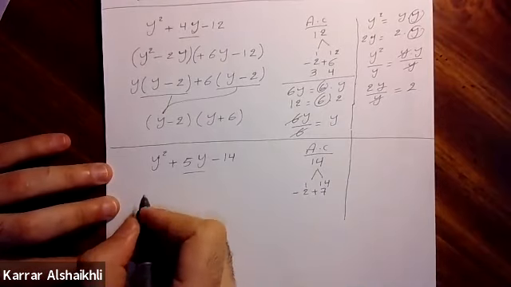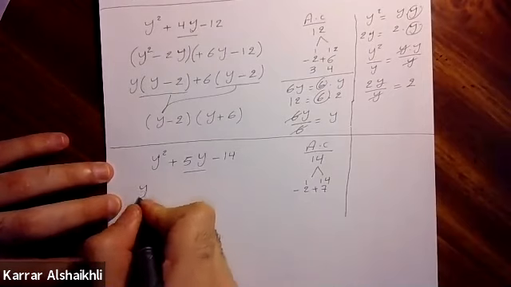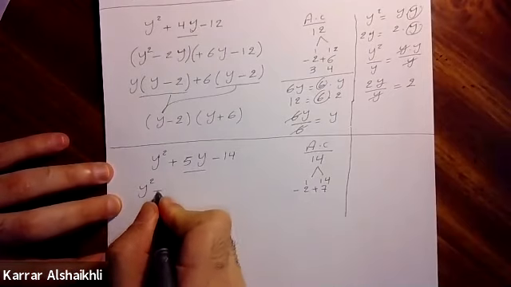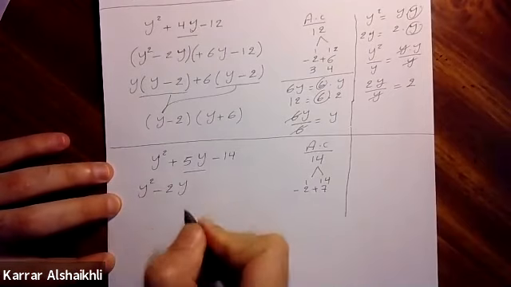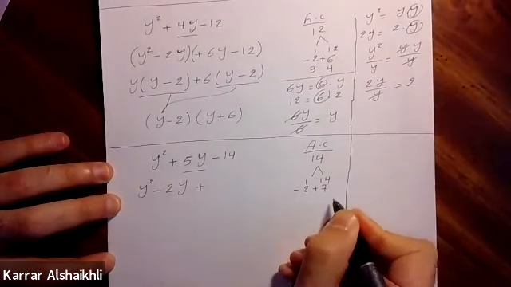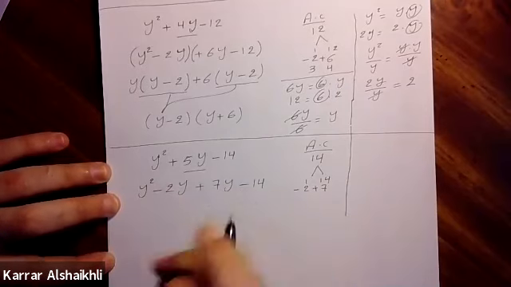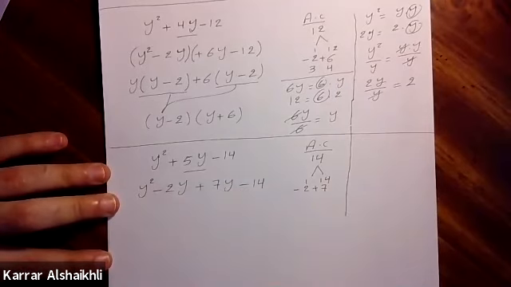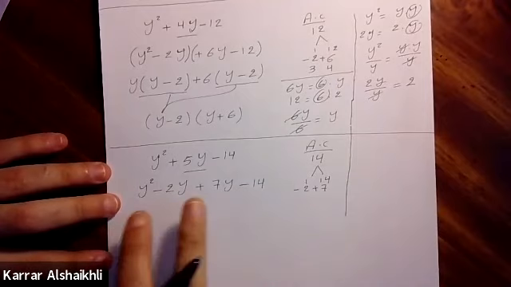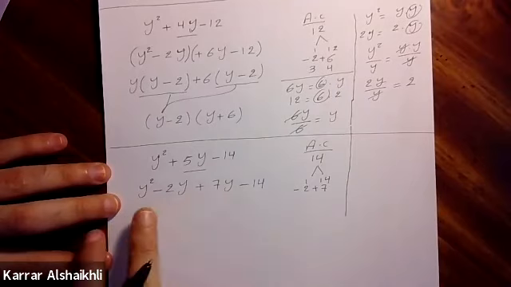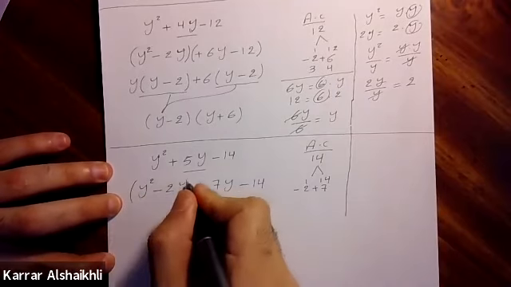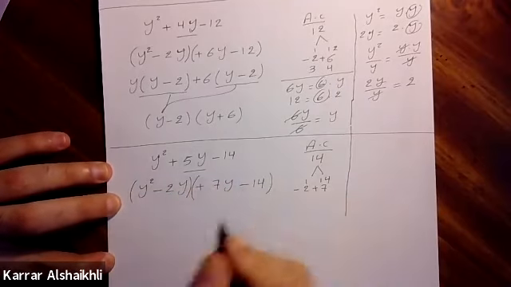So I'm going to write down y squared minus 2y plus 7y minus 14. Now I have 4 terms. I'm going to group the first 2 terms and the last 2 terms.